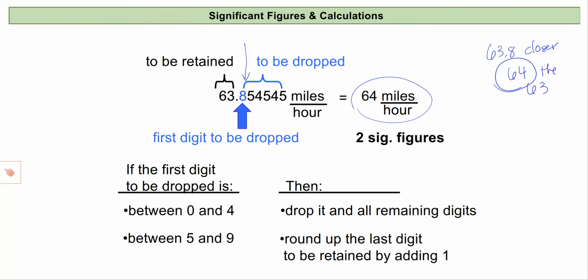So I'll report two significant figures and I'll round up. Remember that if the first digit to be dropped, or the number following your significant figures, is between 0 and 4, you drop the remaining digits without rounding up. But if it's between 5 and 9, you need to round up the last significant digit by adding 1 to it, as we did in this example right here.